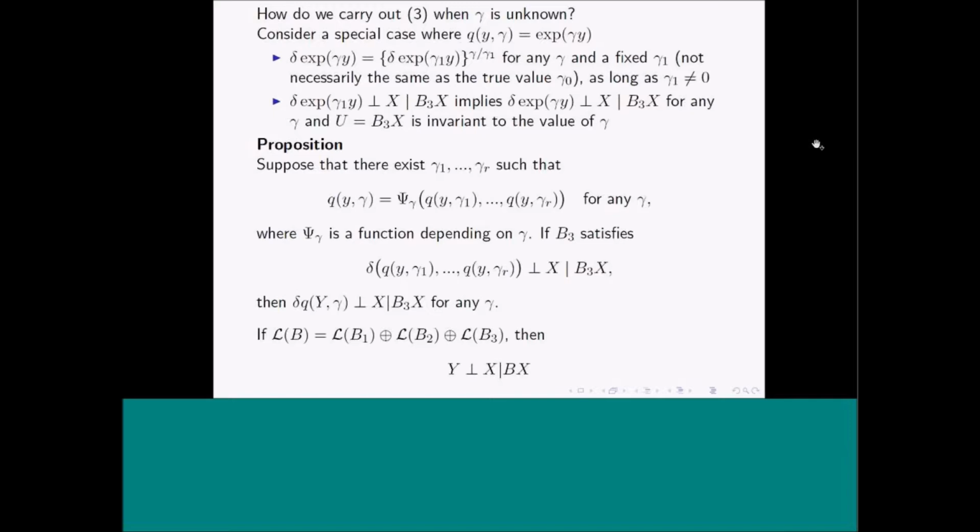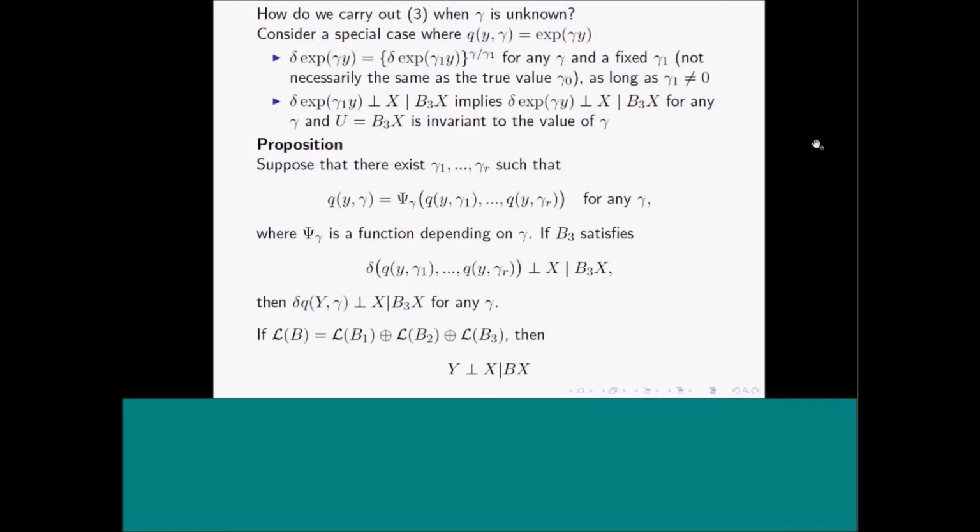So if that is the case, then I will treat gamma 1 as a kind of special value, and I'm going to find the set B3 using that gamma 1, although gamma 1 is not the true value.